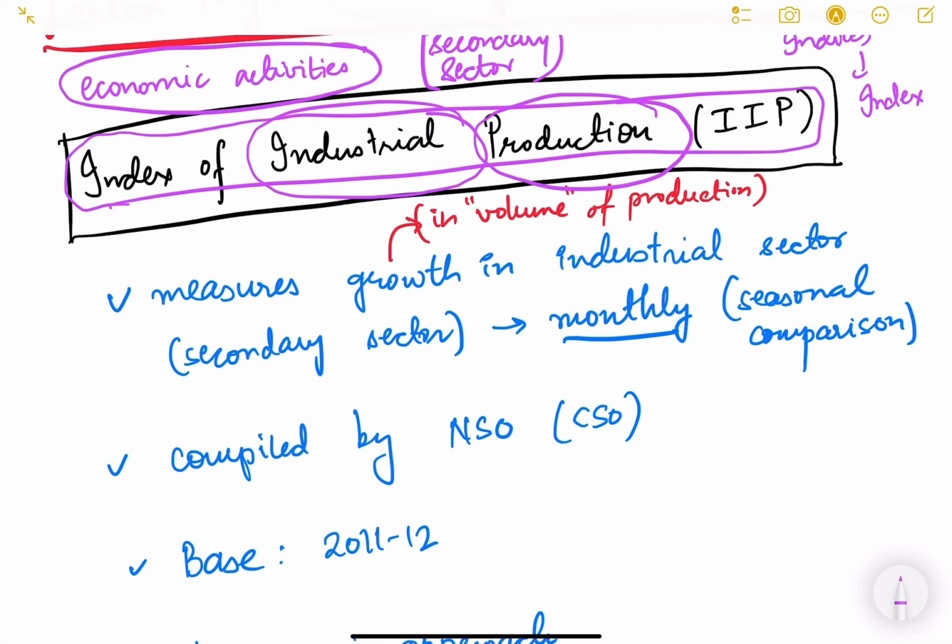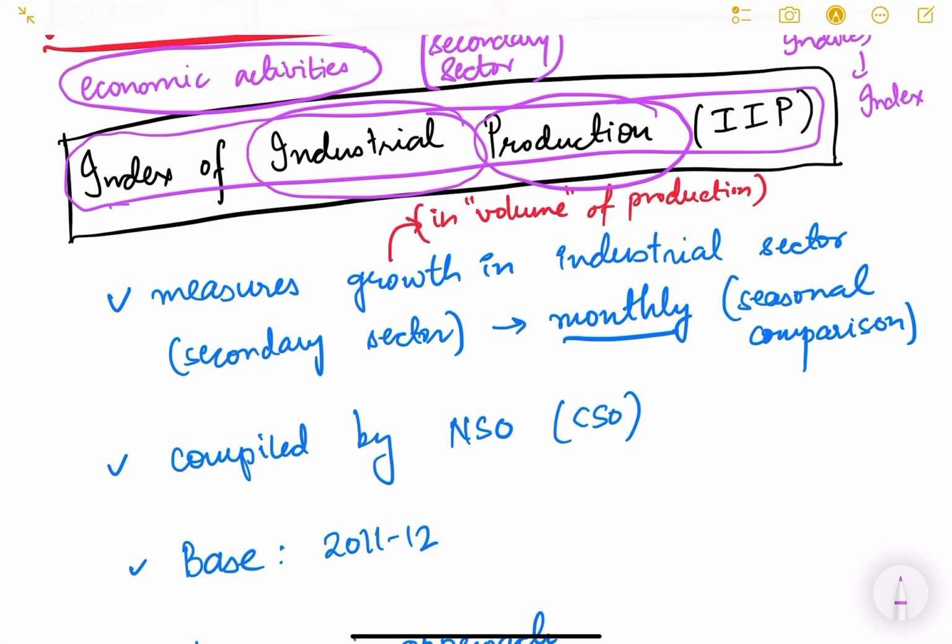Depending on the season, there may be different rates of growth in the industrial sector. Therefore, to make a fair comparison from one year to another, we look at the monthly index of industrial production and compare year on year. For example, April 2021 will be compared against April 2020 in order to look at the growth.